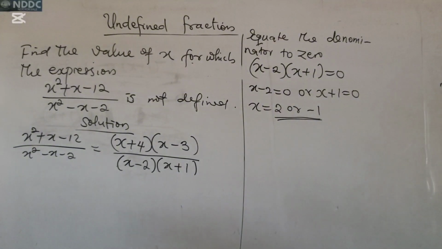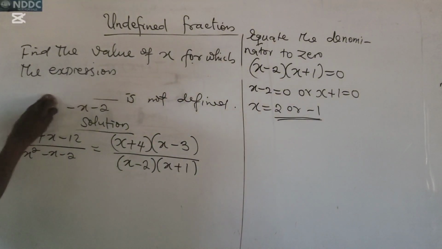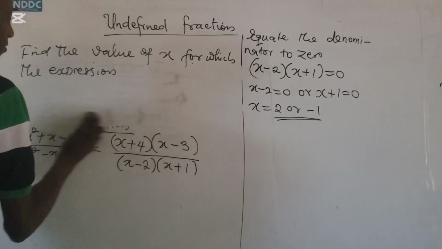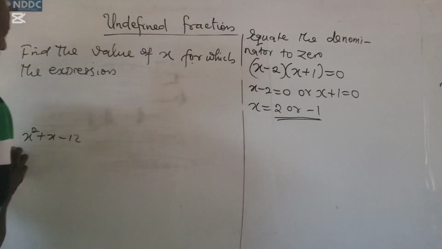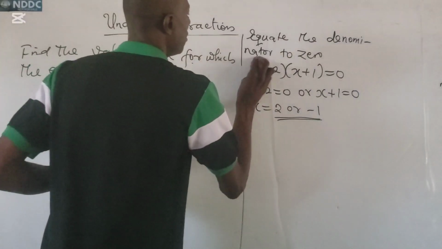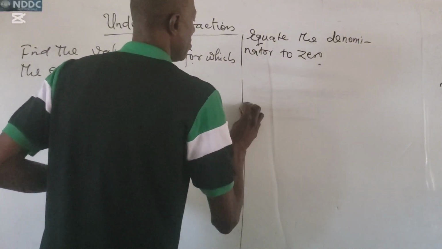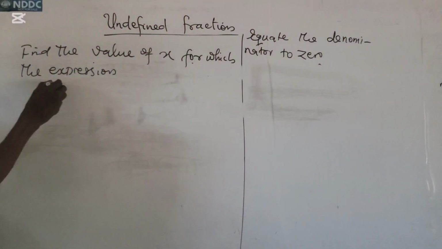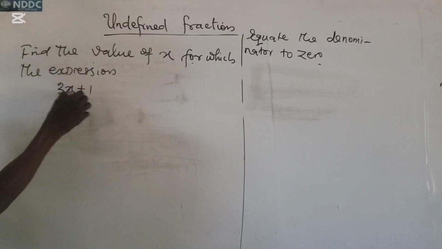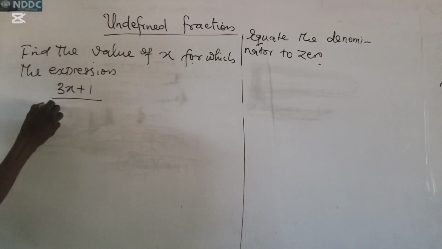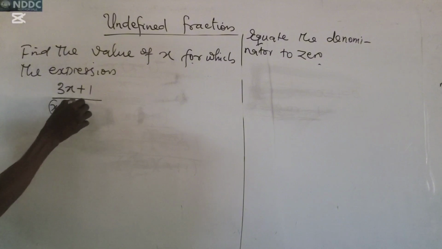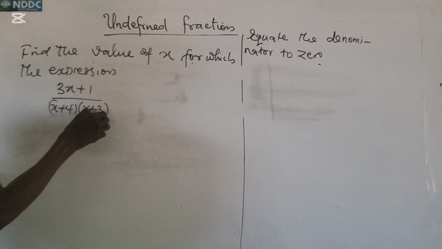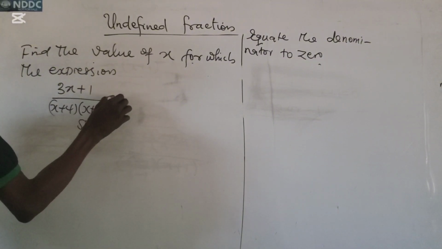So now let's solve number 3. It said 3x plus 1 over x plus 4, x plus 3 is not defined.